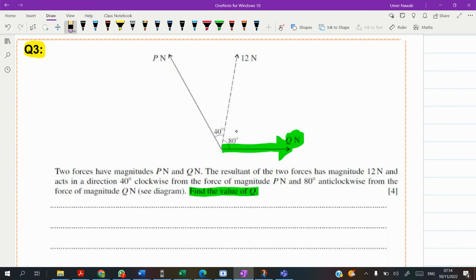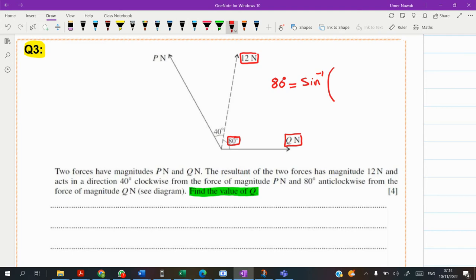Let's try to find the Q force. I have a 12 newton resultant and the angle between them is 80 degrees. So I will use the sine rule formula. 80 degrees, the angle between the force and the resultant, is equal to inverse sine.